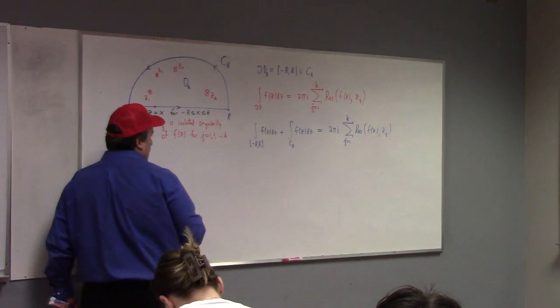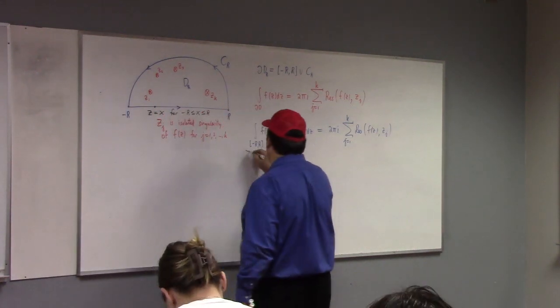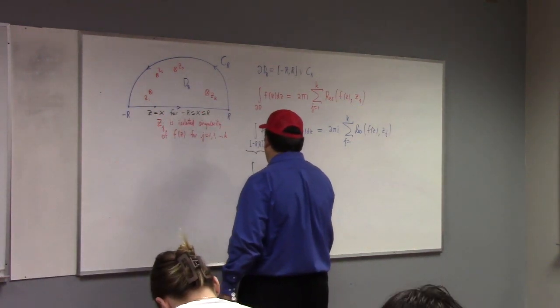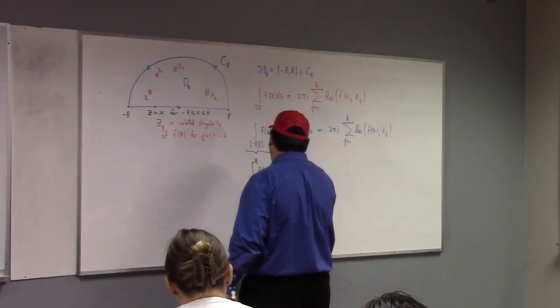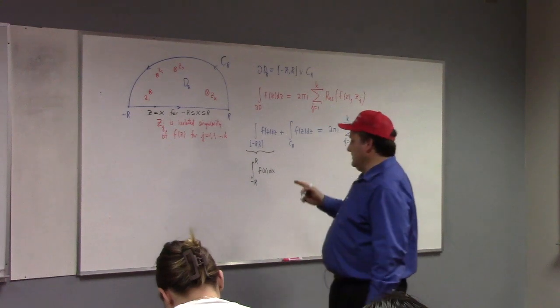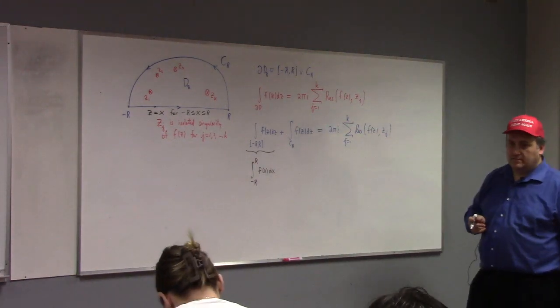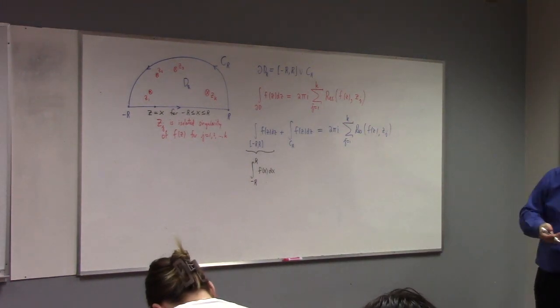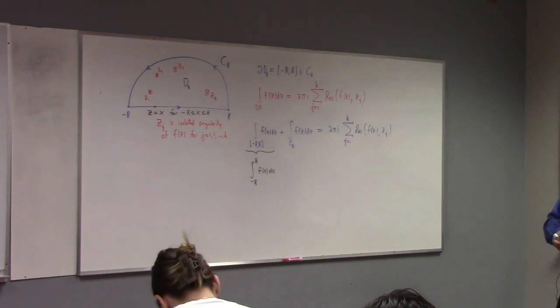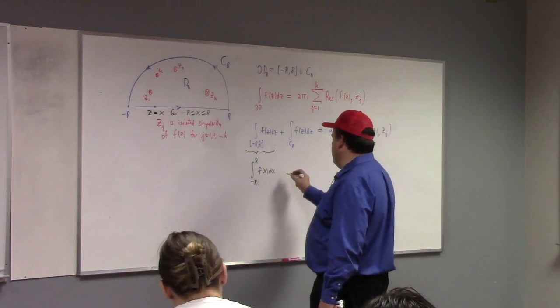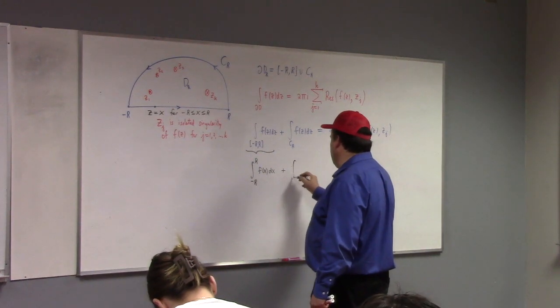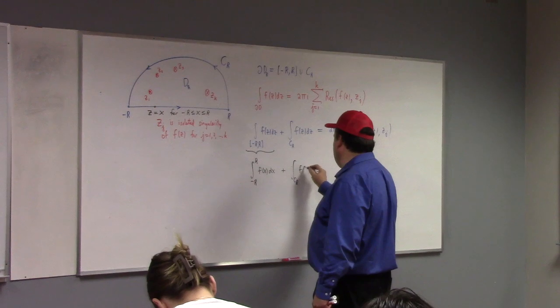So this is really just the integral from minus r to r of f of x dx, an ordinary kind of integral we might look at in calculus too. Then over here we've got the integral over CR of f of z dz.